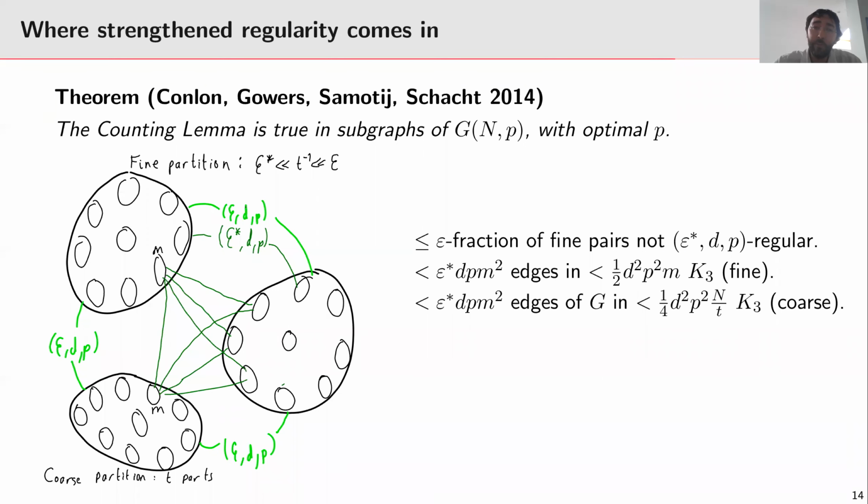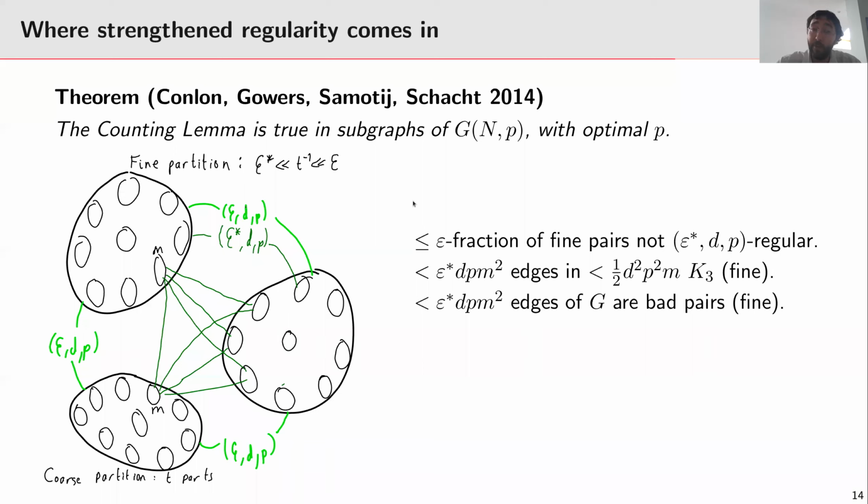Well, now suppose we could find not just one triangle sitting on this pair of parts, but lots of triangles going to this cluster, and let's say to half of all of the clusters of the fine partition living over here. Then by averaging, we would be able to say, look at edges between this pair of fine parts. At most, an epsilon star fraction of them are in few triangles, overall going to the coarse part.